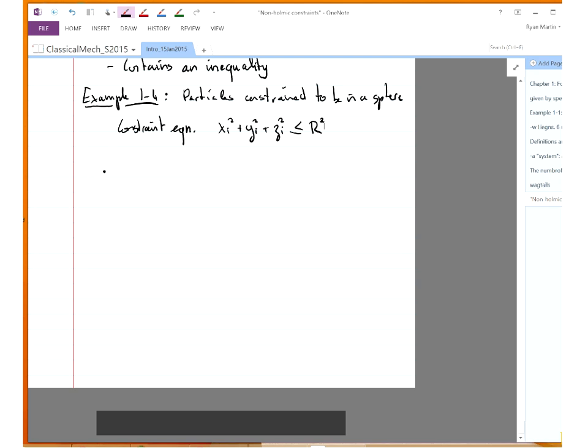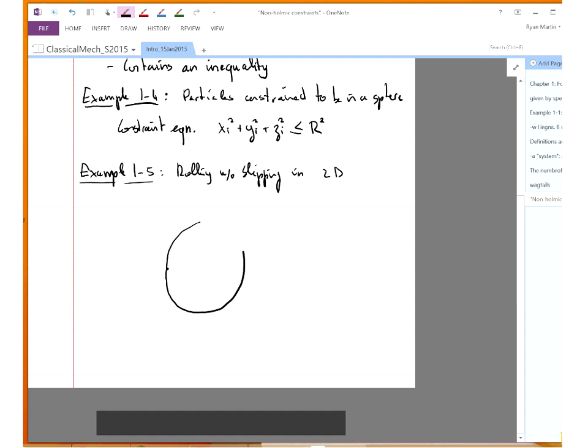And finally, this one's absolutely horrible to draw. Example 1.5. This is rolling without slipping in two dimensions. The drawing in the notes is slightly better than what I'm going to probably end up doing here. So let's draw a sphere.